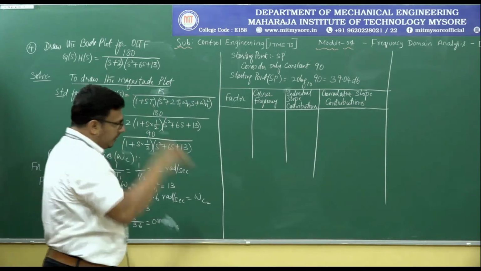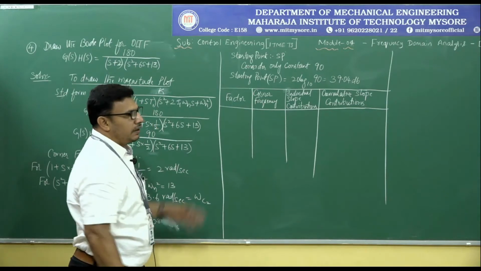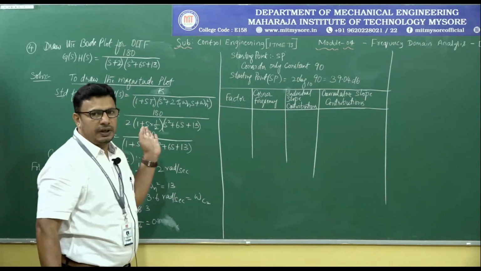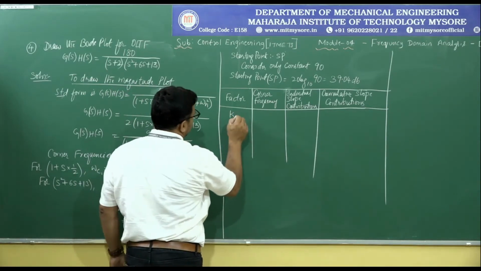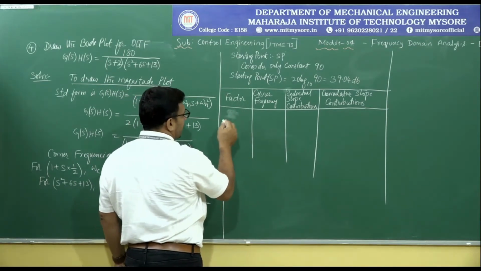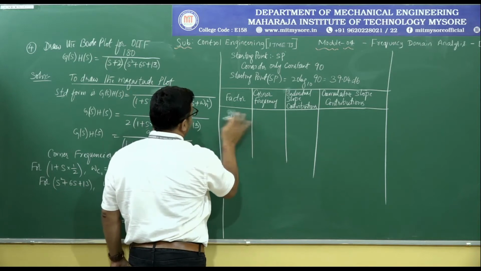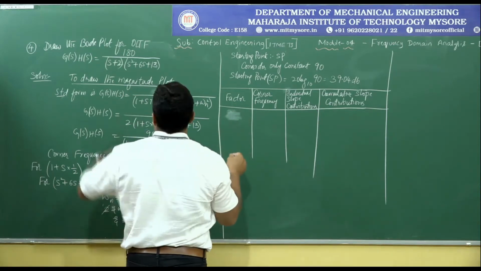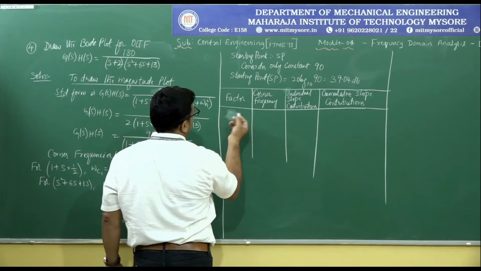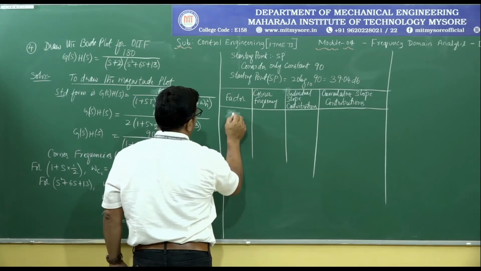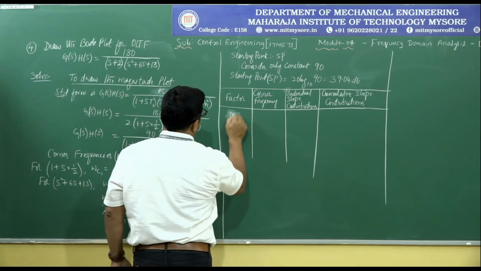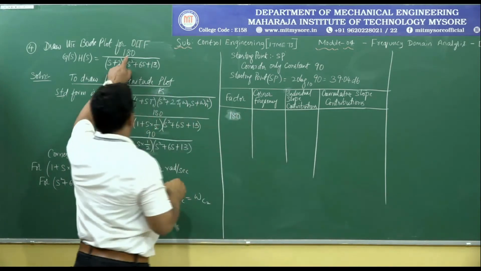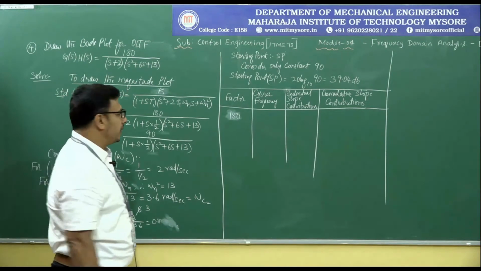Now, the very first factor, since there is no s power n factor present in the given problem, we will start with the constant, over here it is 180, as it is present for the factor 180.